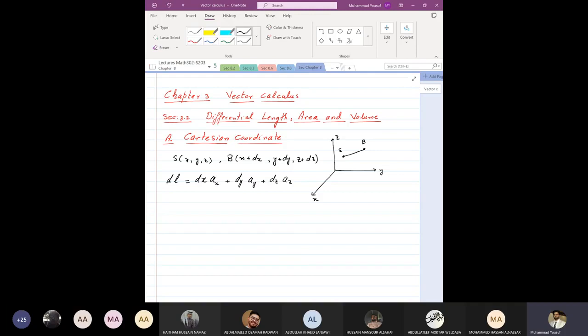So this is called differential displacement. We displace from one point to a neighboring point. In the displacement, what is a little change? dl. And what is this dl equal to? dx ax, dy ay, dz az.